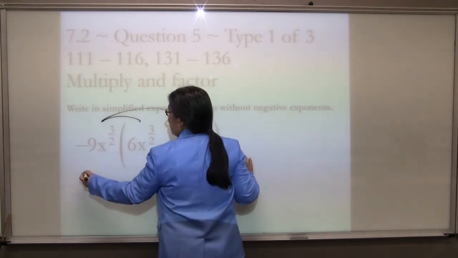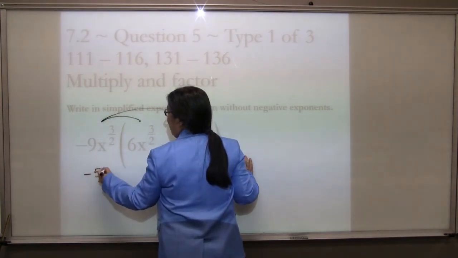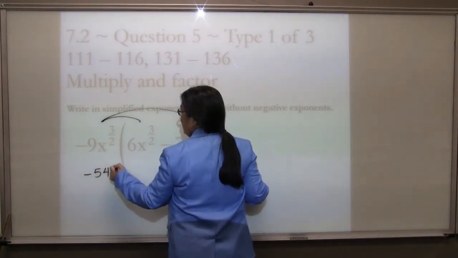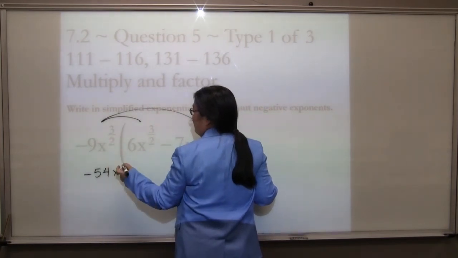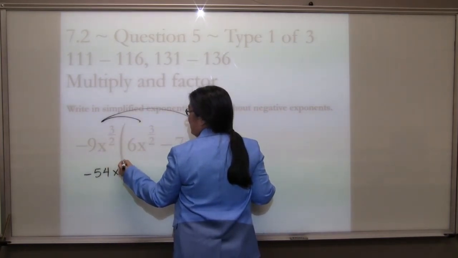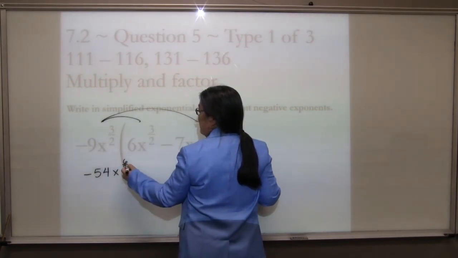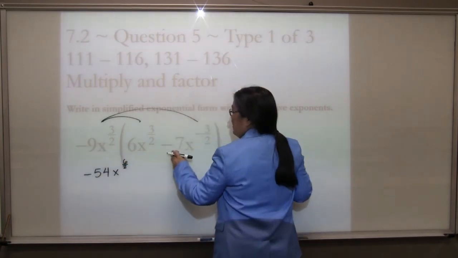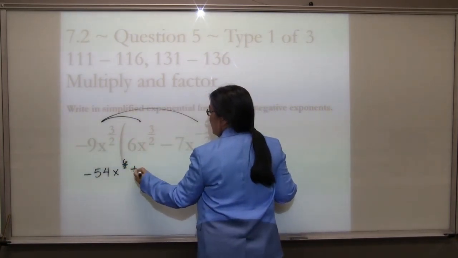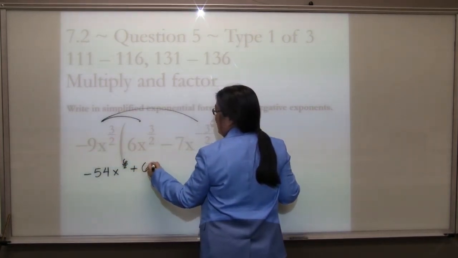Negative 9 times 6 is negative 54. And x to the, add those together, they have common denominators. How nice, that will give me 6 over 2. 6 over 2 is going to reduce. How nice. I'll get to that soon. Negative times negative is positive. 9 times 7 is 63.